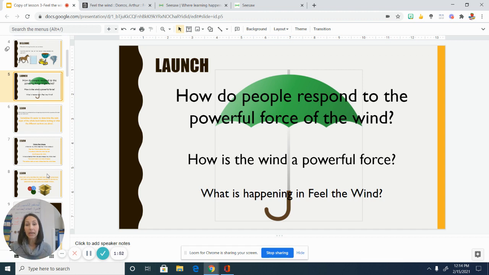In the text that we read in Module 2 about the animals, we first looked at specific sections of those texts and tried to figure out what the details were, and then used the details to help figure out what the main topic was. We're going to do that in reverse today with Feel the Wind.